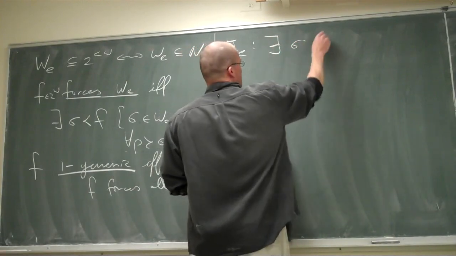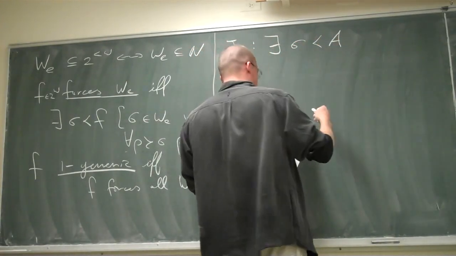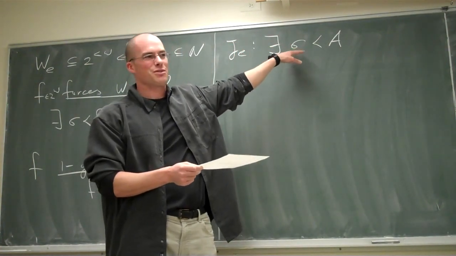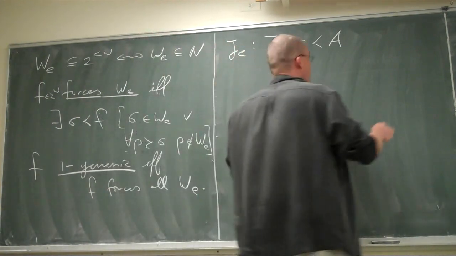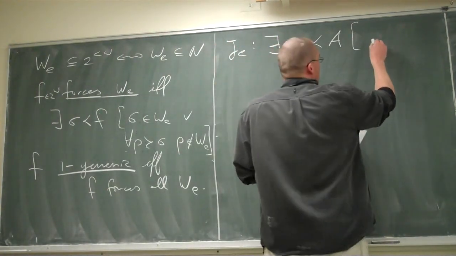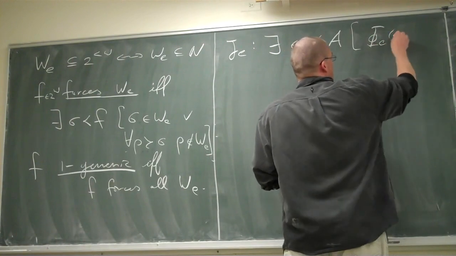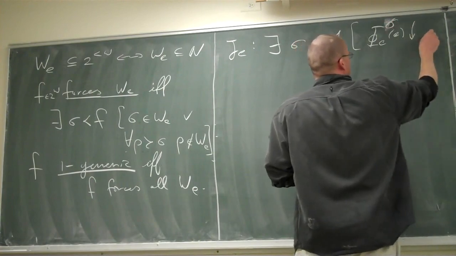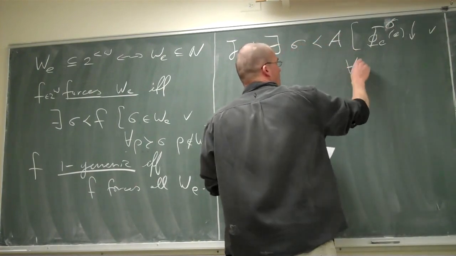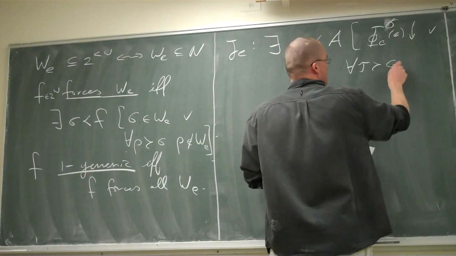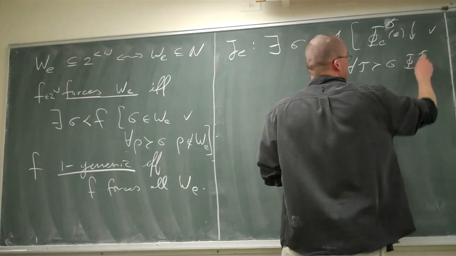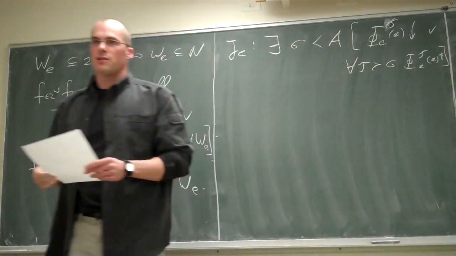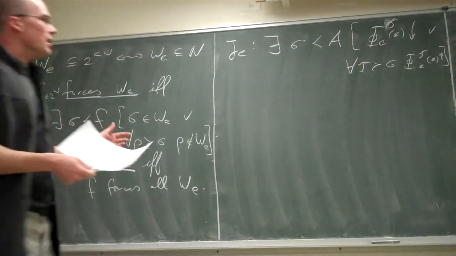Requirement JE is there exists a sigma, an initial segment of A. Well, sigma is an initial segment of the characteristic function of A, which we must write like this because we're lazy, such that it holds for sigma, or for all extensions it does not hold. So what is this?